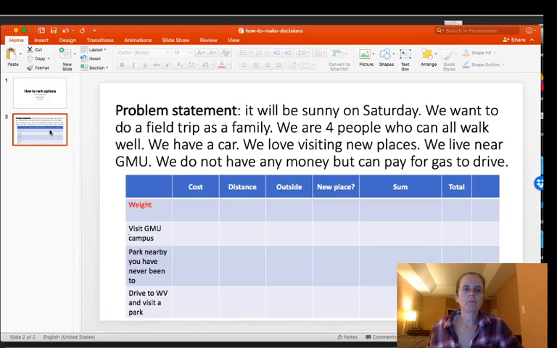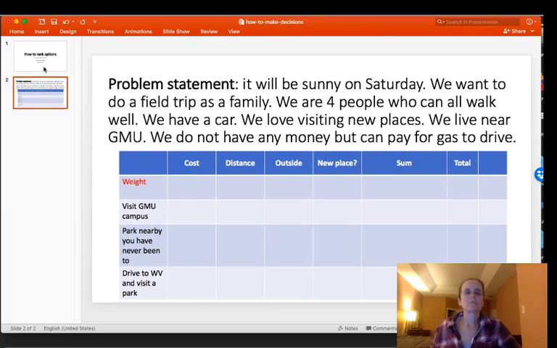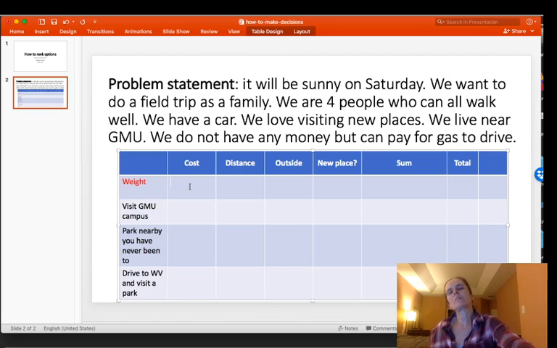I will talk you through this decision matrix here. So first of all, we have a feeling for the variables we're going to be evaluating. Without really talking about the possible solutions yet, we're going to talk about the weights.